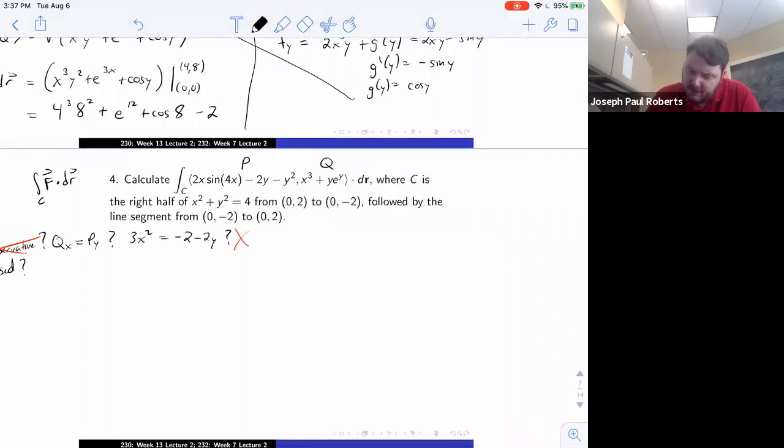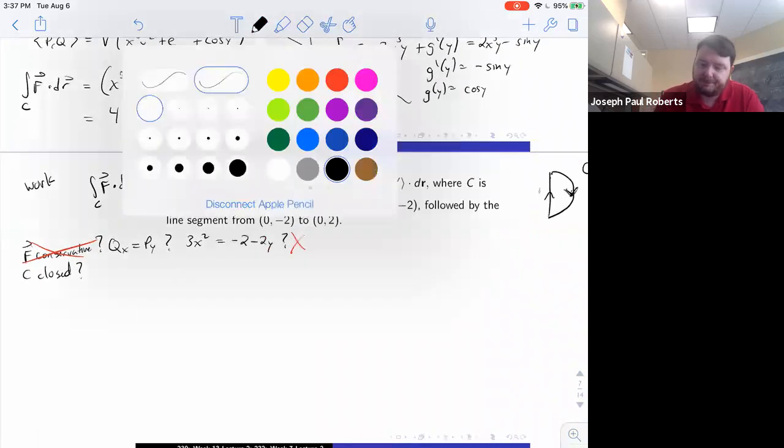So C is the right half of some circle of radius 2 centered at the origin from (0, 2) to (0, -2), followed by the line segment from (0, -2) to (0, 2). So what do you know? It is closed.